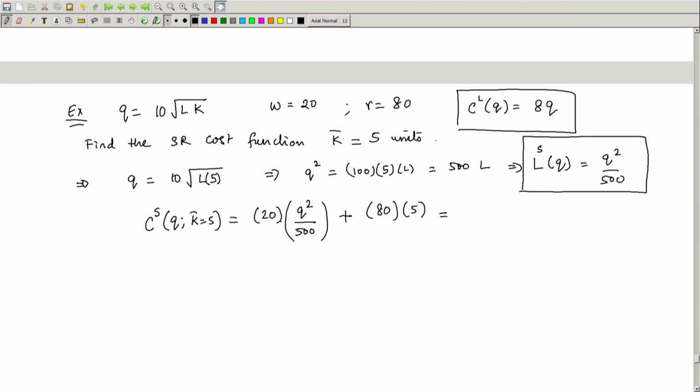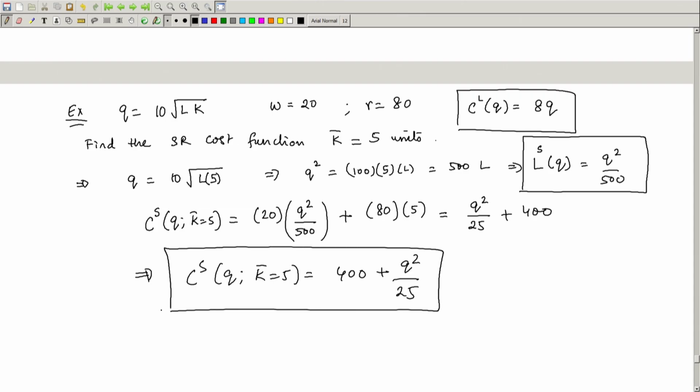So we can cancel the 0 and the 2 and 50 is going to give me a 25. So that is Q squared by 25 plus 400. So my short run cost function takes the form 400 plus Q squared by 25.